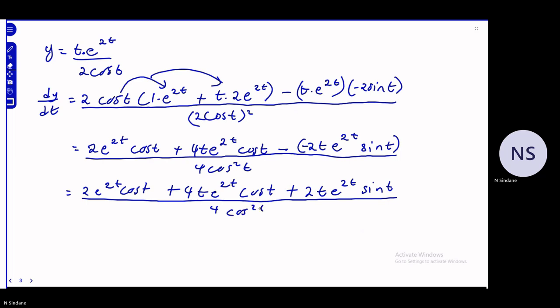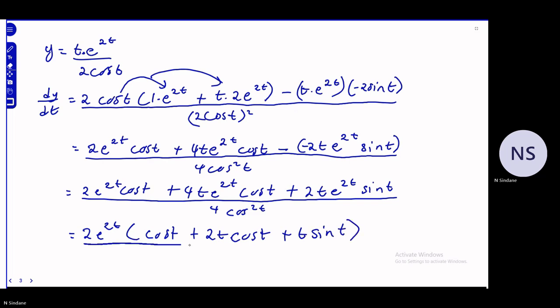Then from there, I'm going to take a common factor of 2 e to the power 2t. So I'll have 2 e to the power 2t into, I'll be left with cos of t, plus 2t cos of t plus t sine of t. Divide this by 4 cos squared of t.